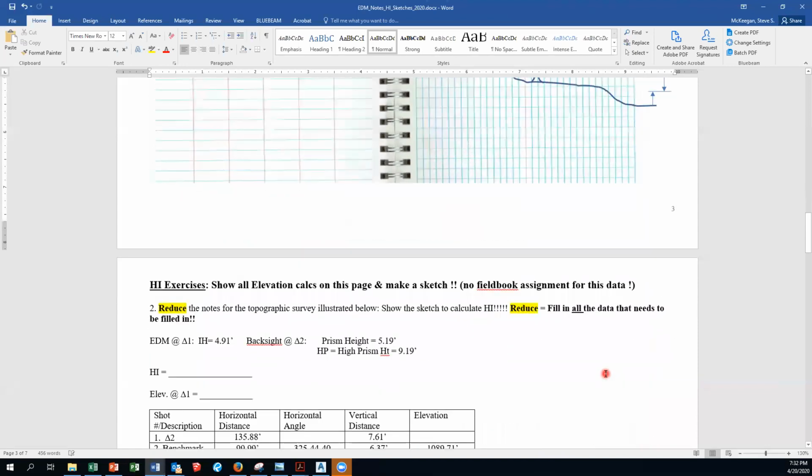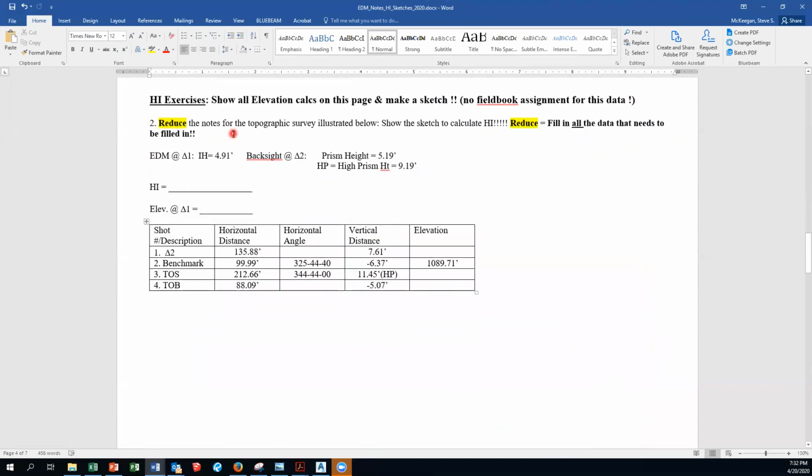So what I want done for this week is do this one. Okay? I want it in the field book. So now this will be the book assignment for this data. Okay?